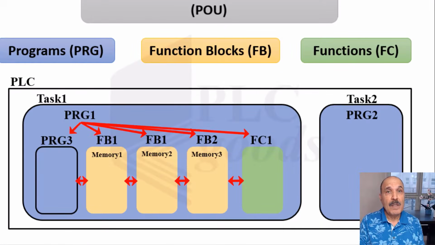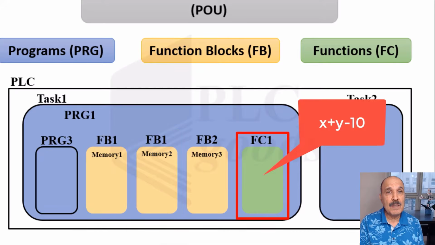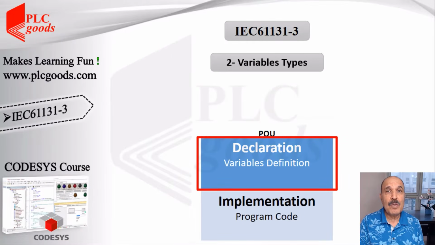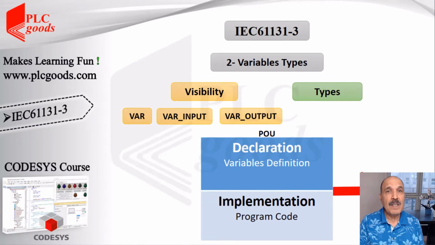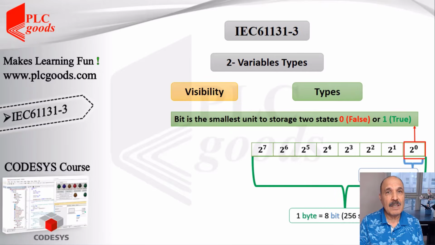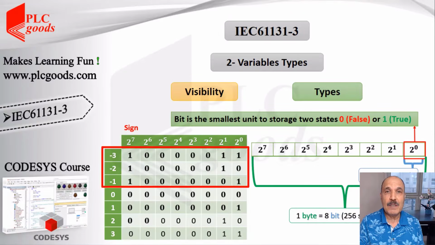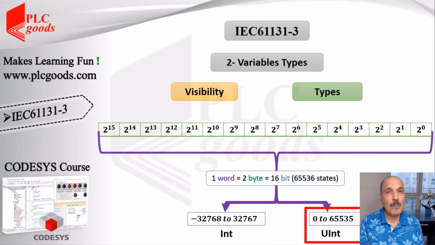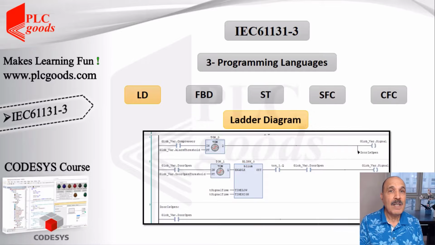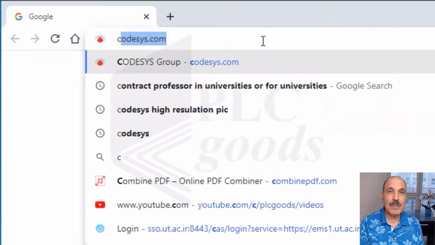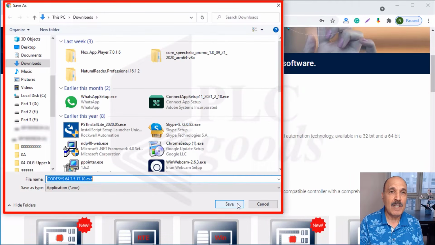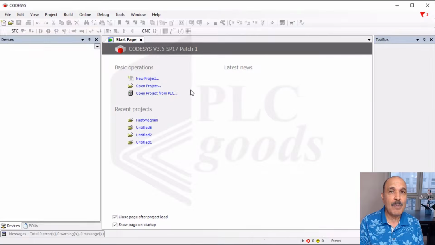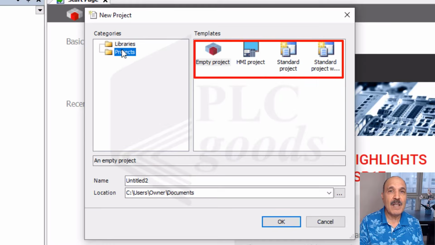Lesson number 1 introduces a CODESYS PLC programming tutorial for beginners. The course focuses on the IEC 61131-3 standard, merging programming for PLC brands like Schneider, Beckhoff, and ABB. It discusses the industrial automation pyramid, highlights the study of programming organization units, variable types, and programming languages, starting with ladder diagrams.